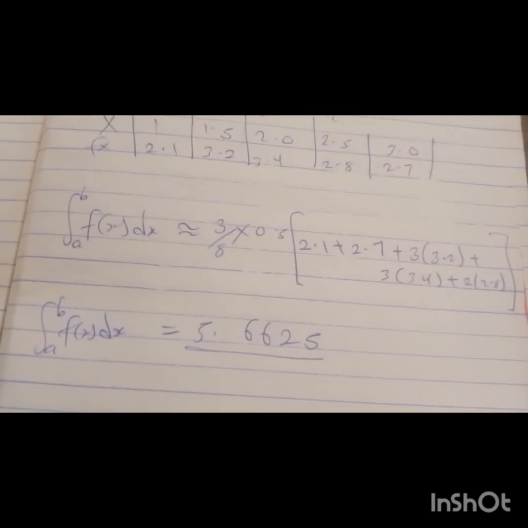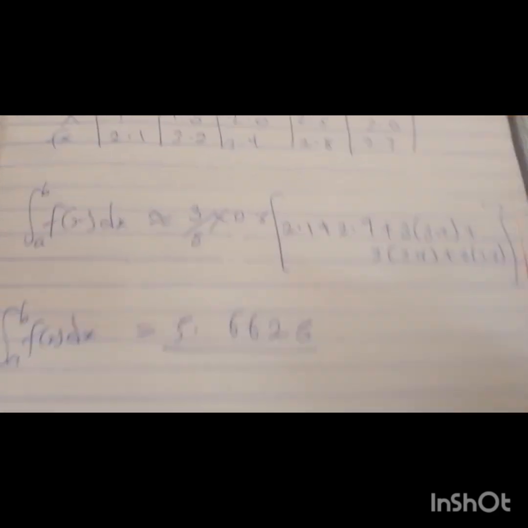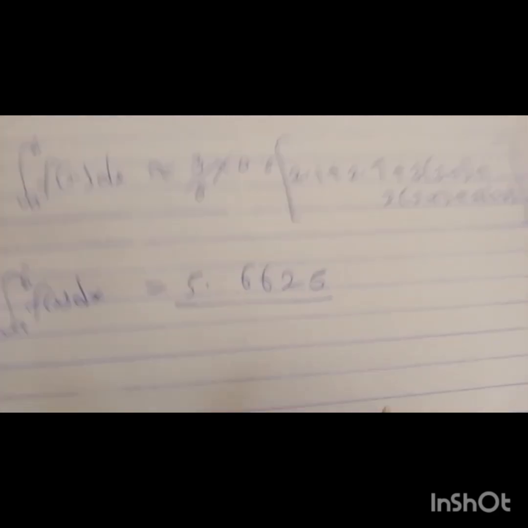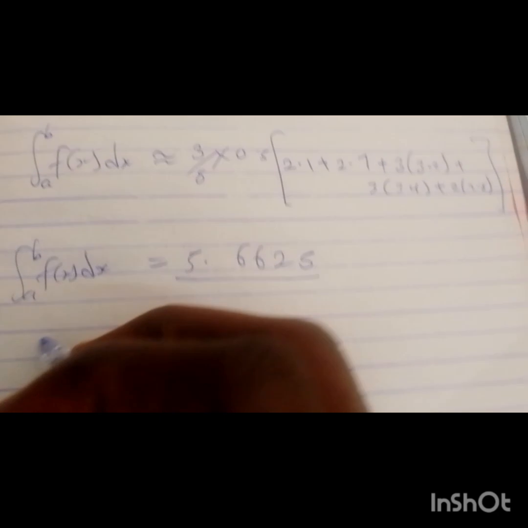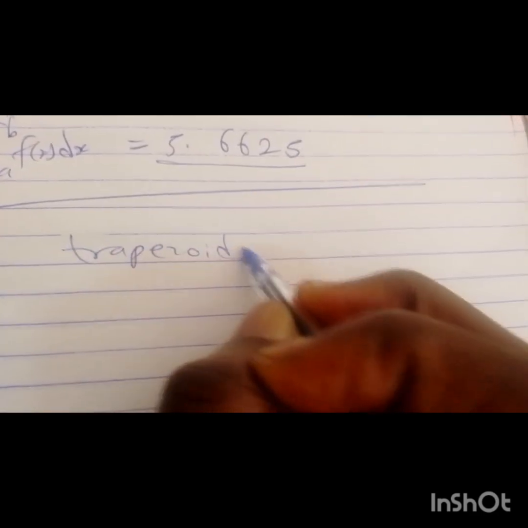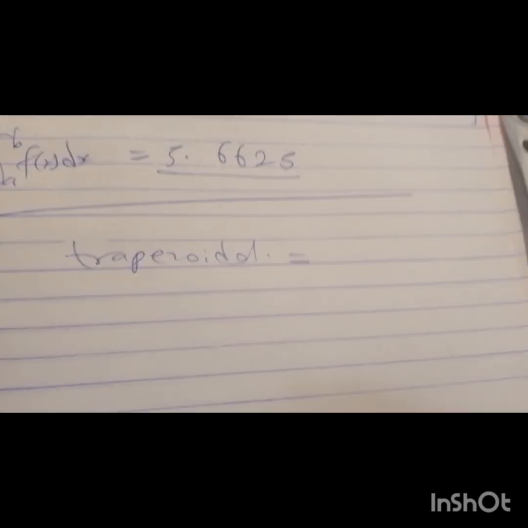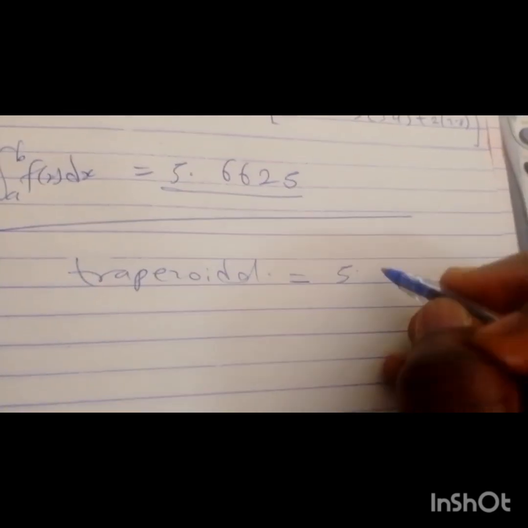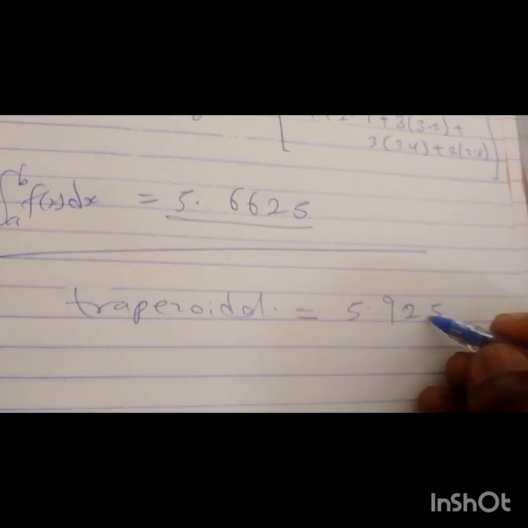So now let's do some small comparison between the three methods we've worked with so far. So here we worked with the trapezoidal rule, and what we had for the same question was 5.925.